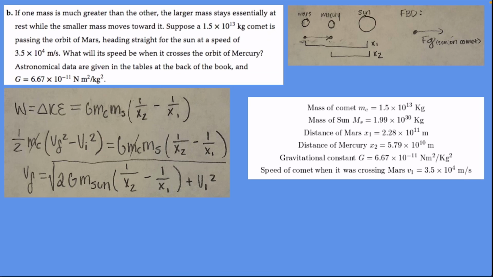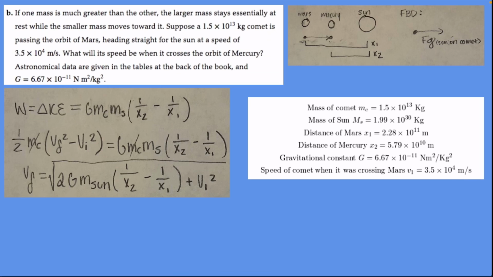Since velocity is not accounted for in that equation we previously found, I went ahead and set it equal to the change in kinetic energy, which also equals the total work, since I knew that final velocity would be included in the equation.